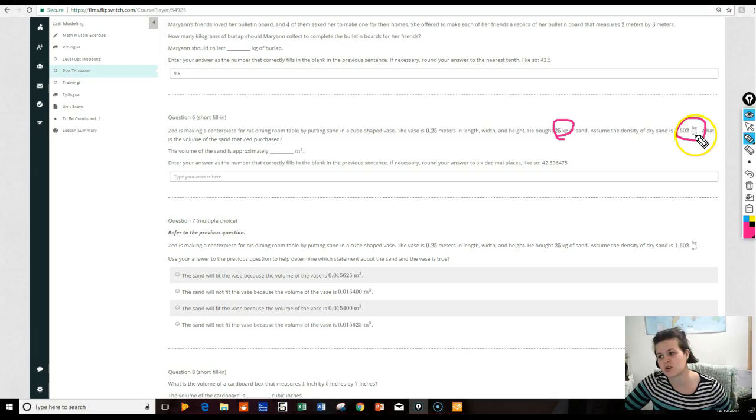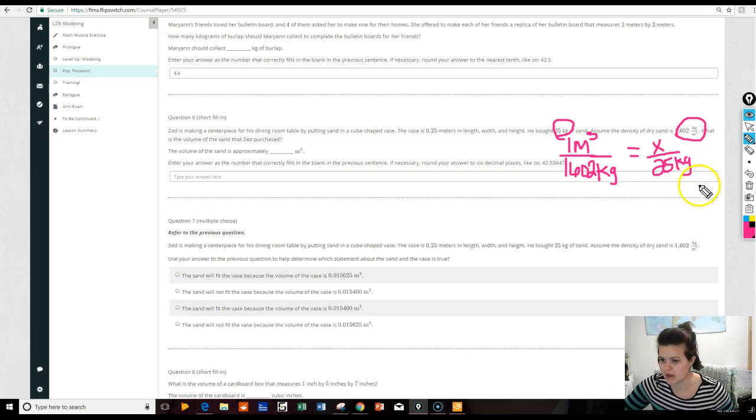So since meters cubed is in the denominator, I'm going to use the reciprocal and rewrite it as 1 meter cubed is to 1,602 kilograms. And I'm going to set up a proportion is going to equal an unknown amount of cubic meter sand, to 25 kilograms.